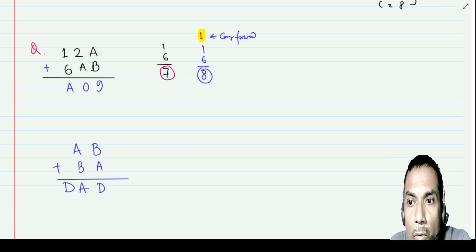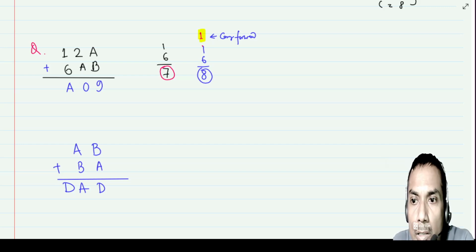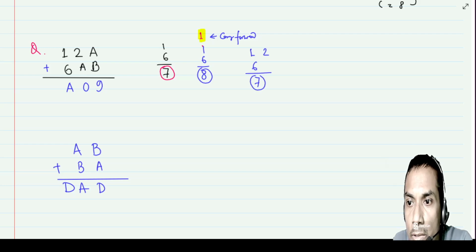Now we don't know whether it is carry forward 1 or not, so better we put each value. So already I told you it is a trial and error method. So if I put the value 7 first, then what will happen? Let's check. 1, 2, so that is 6, and we consider 7 here, and here also with the A value. So here A is 7 and this is 7. Now see, here it is B, so it is 0 and it is 9.